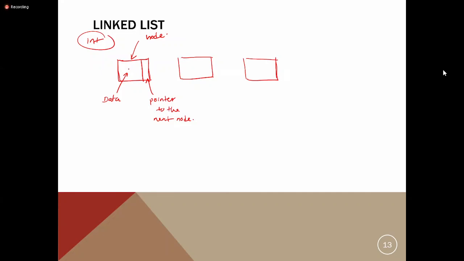So here we can store an integer, and then we have a pointer to the next node. We have a space to store the data and pointer to the next node. In this node also, we might have an integer value and again a pointer to the next node.